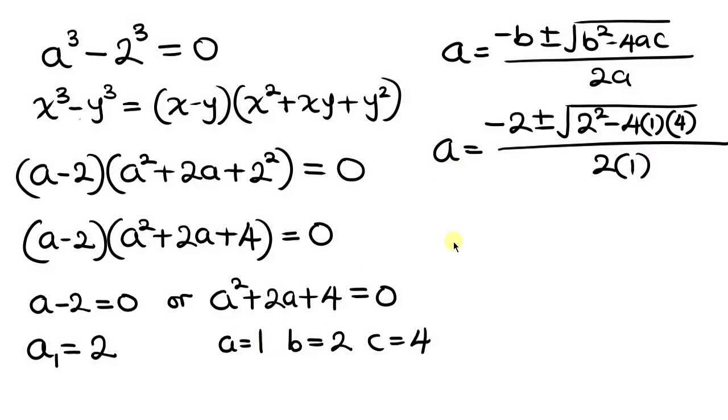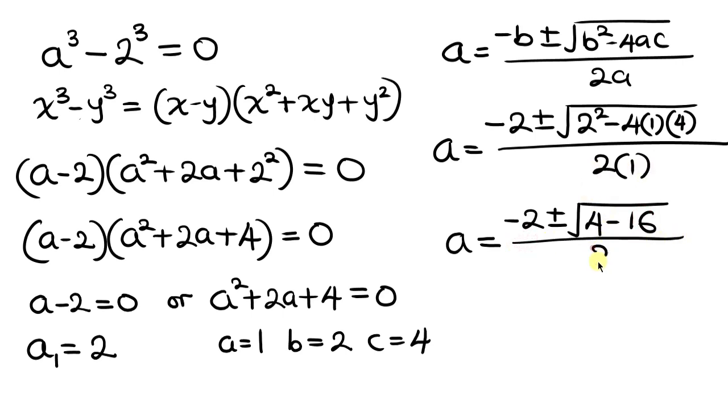So we have A to be equal to negative 2 plus or minus the square root of 2 squared is 4 minus 4 times 1 times 4 is 16 all over 2 times 1 is 2. So this becomes A equal to negative 2 plus or minus the square root of 4 minus 16 is negative 12 all over 2. Very good.